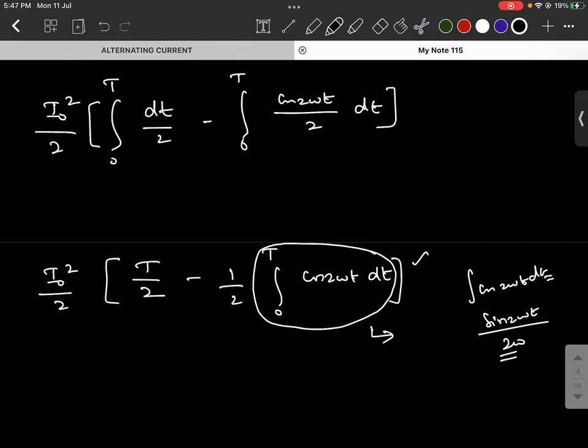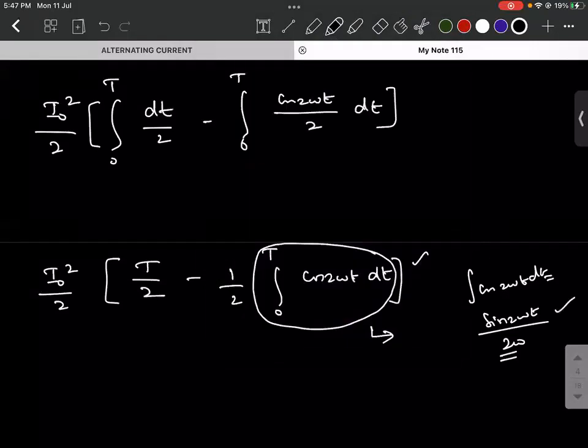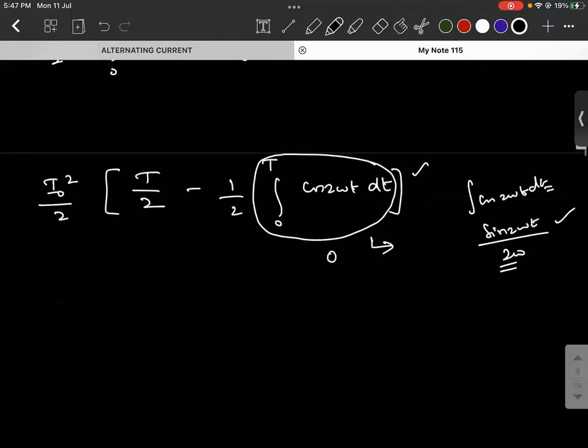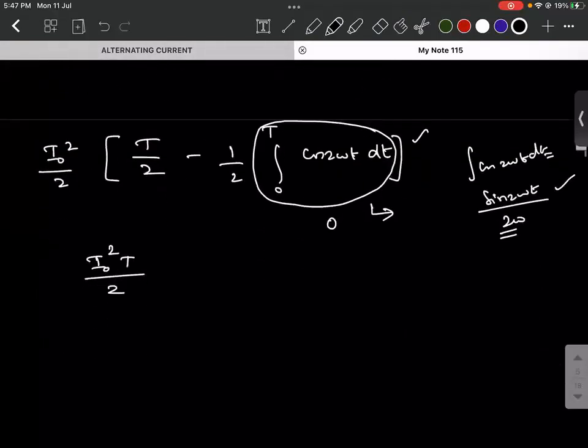Sin 2 omega T is 0. Okay. Then you will get I naught square into capital T divided by 2. Is it clear? So this is the value of the numerator.